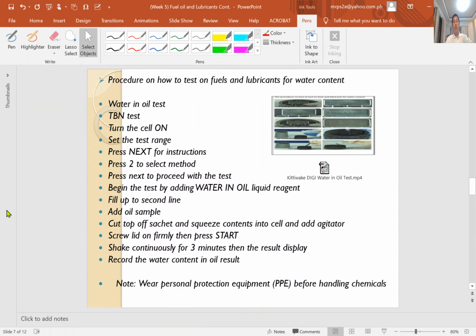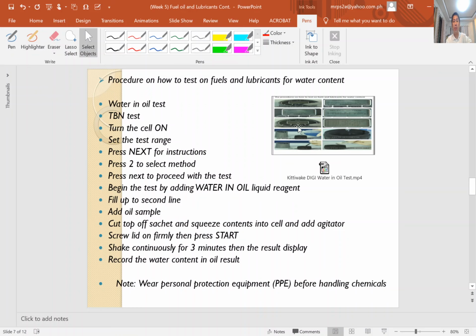So here we have the procedure on how to test fuels and lubricants for water. I will also put this video later. So, water in oil test, TPN test, turn the seal on.